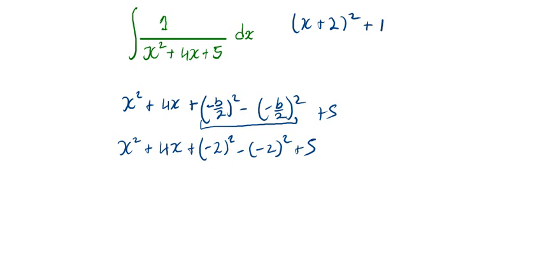Finally, completing the square for this, you're going to have your x, then you pick the sign that you have here, which is positive. Then this one is just going to be positive 2, squared, minus 2 squared, which is going to be 4, then plus 5, giving you x plus 2 squared plus 1.